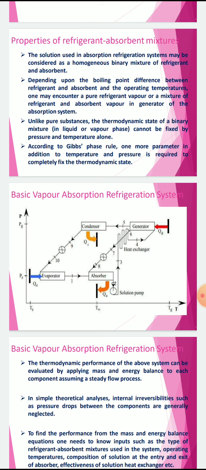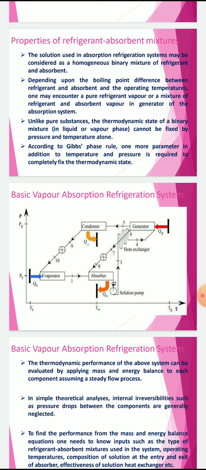After absorption, ammonia becomes a strong solution, and that strong solution again moves to the generator. At the generator, ammonia vapors get separated and the remainder becomes a weak solution, which comes back to the absorber through an expansion valve.